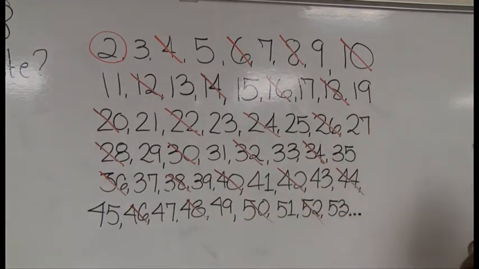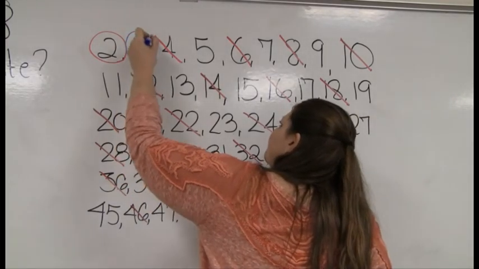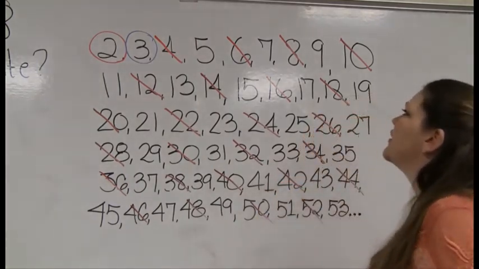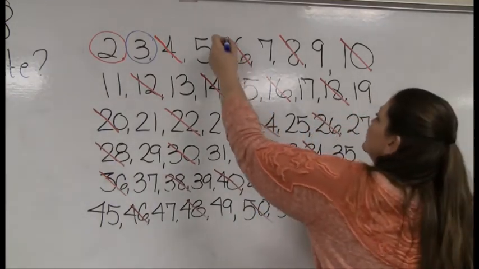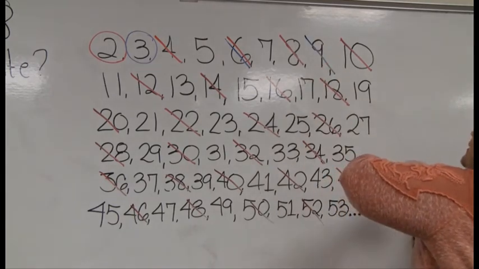I'm going to keep proceeding in this fashion, crossing off all the multiples. So next number is 3. The multiples of 3 are 3, 6, 9, right, is the next one.